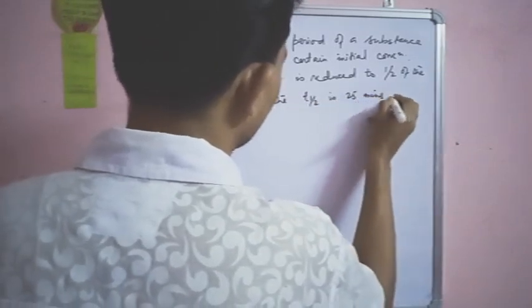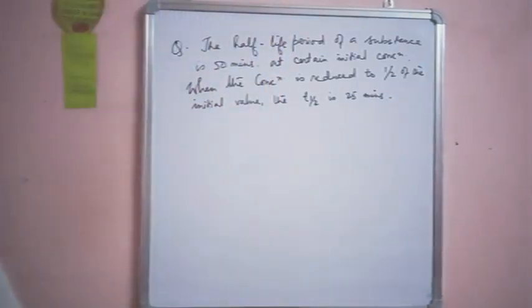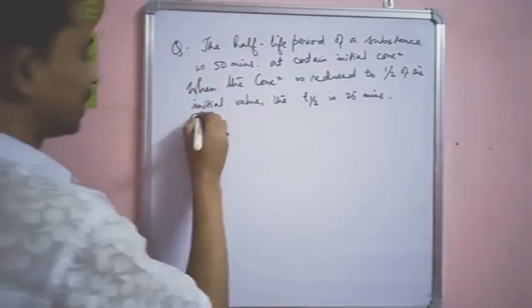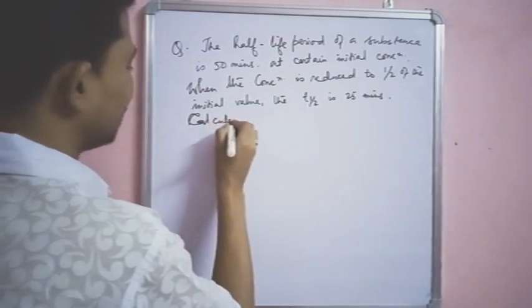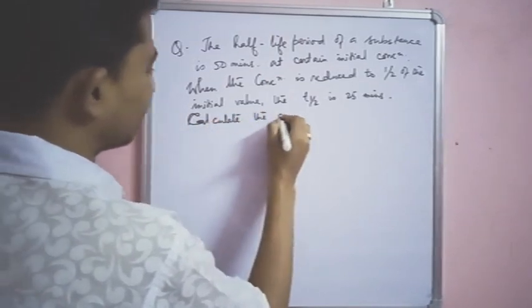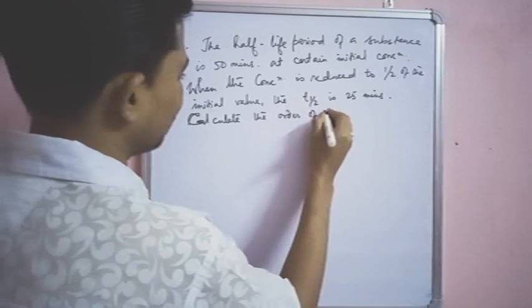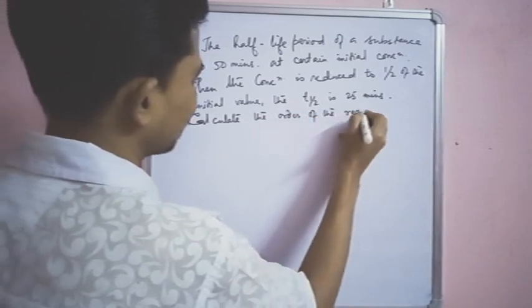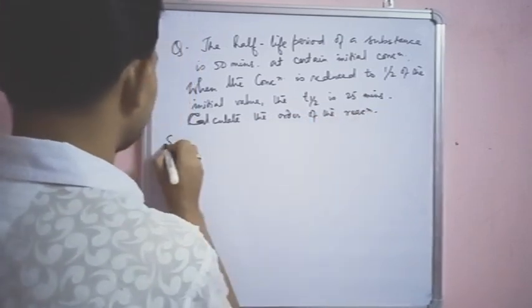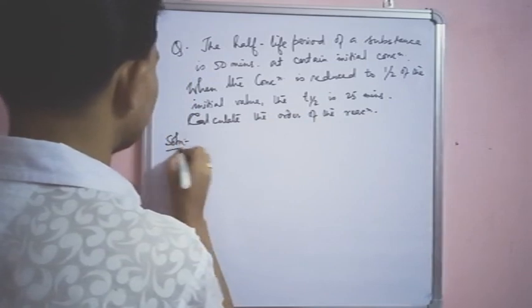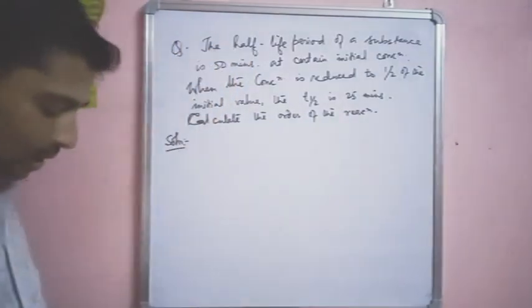Okay. So next we are said that these are given. Next we are said to calculate the order of reaction. So this is a question which we have to solve now. Okay. Using t half we will find the order of reaction.